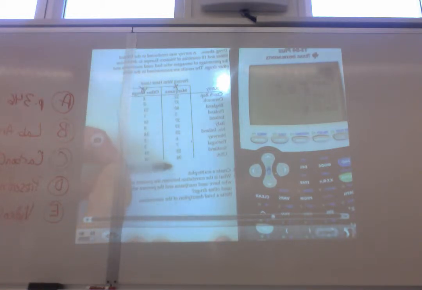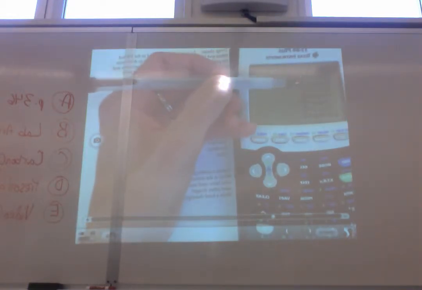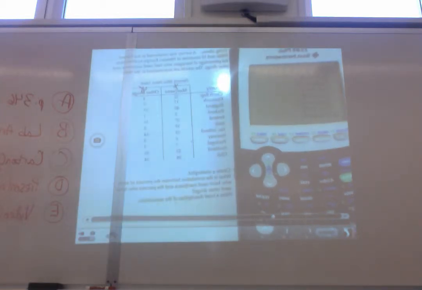Lowest number is 5, the highest number is 40. No, 53. So let's go to window. I'm going to just leave 0. That's a good low number. But right now I have X max of 10. That won't work. I'm going to change that to 60. X max 60.